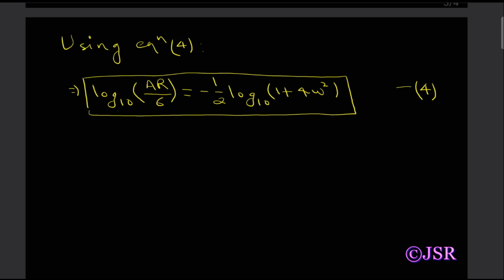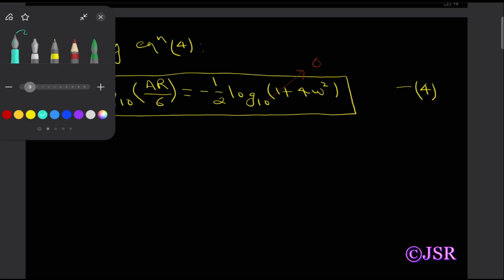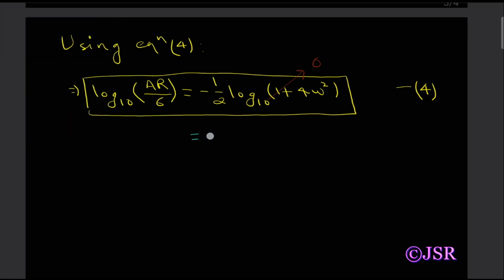so this term is very large, so I can neglect the first term. Therefore we will have minus half log 10 of tau square omega square, or tau omega whole square, and here we will have minus log 10 of tau omega.